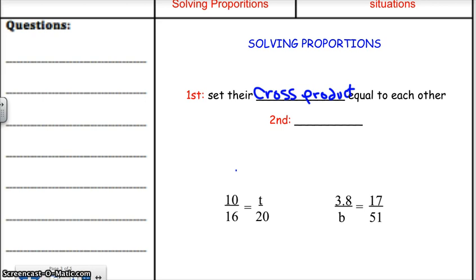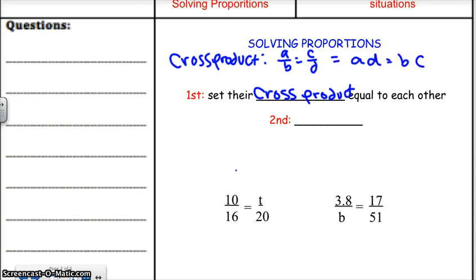Cross product, just a refresher: if you had A over B equals C over D, given a proportion, the cross product would equal A times D equals B times C. So the product of these two is equal to the product of the other diagonal, okay?